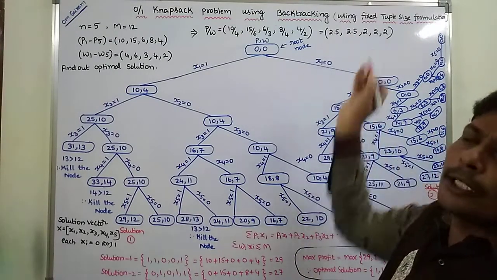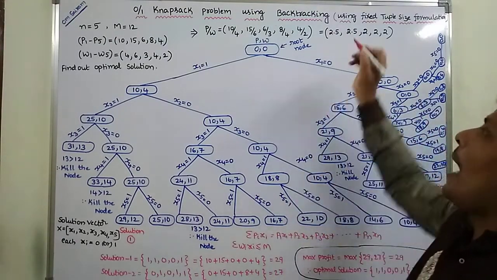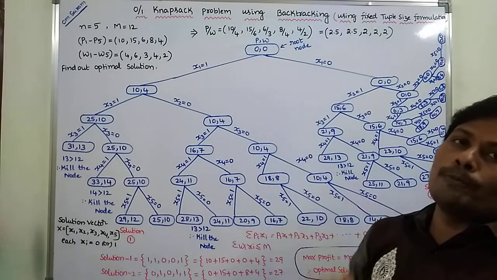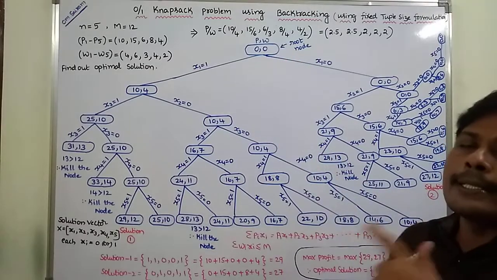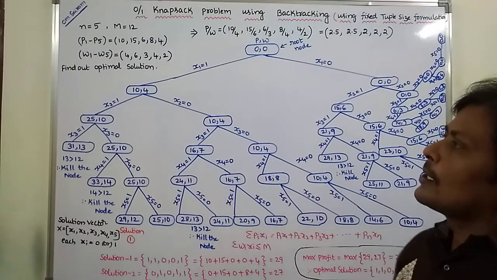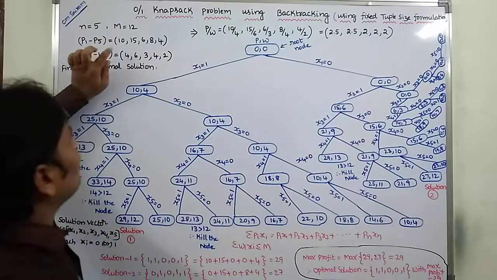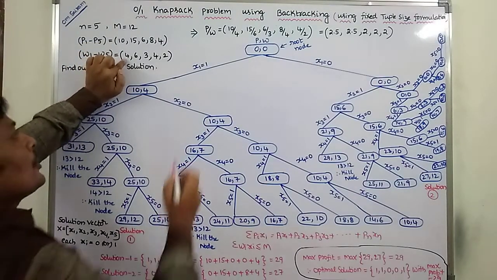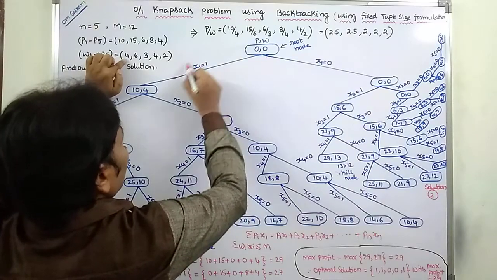Either this one or this one. You can take any one, no problem. I am taking the first one, which is nothing but the first object. Now I am considering the first object. The first object's P value is 10 and weight value is 4.